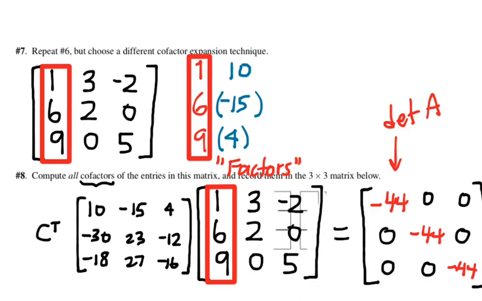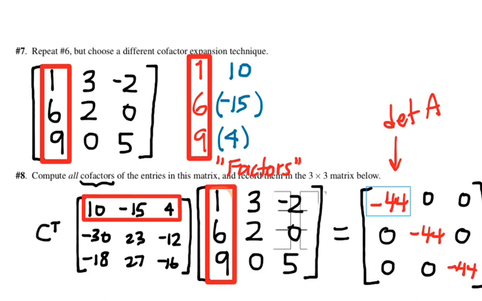And by the way, somehow this shouldn't be too much of a surprise, because look at where that first negative 44 comes from. This negative 44 right here in our answer. Well, that would have come from multiplying the first row of the first matrix here by the first column of A. But what are we doing when we're multiplying that row by that column?